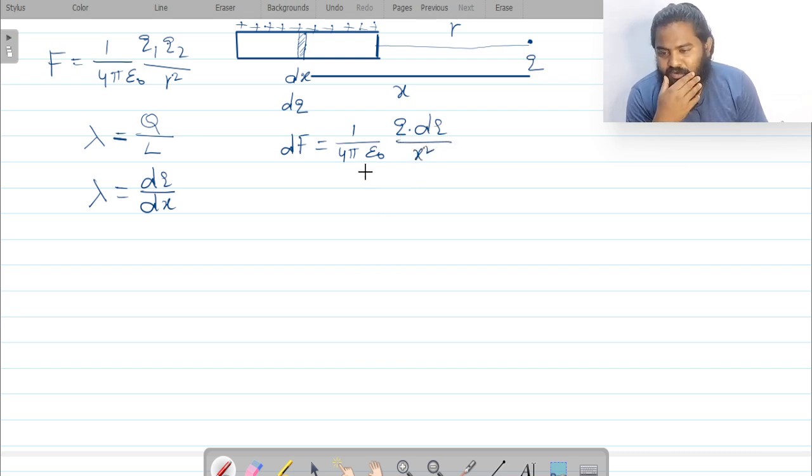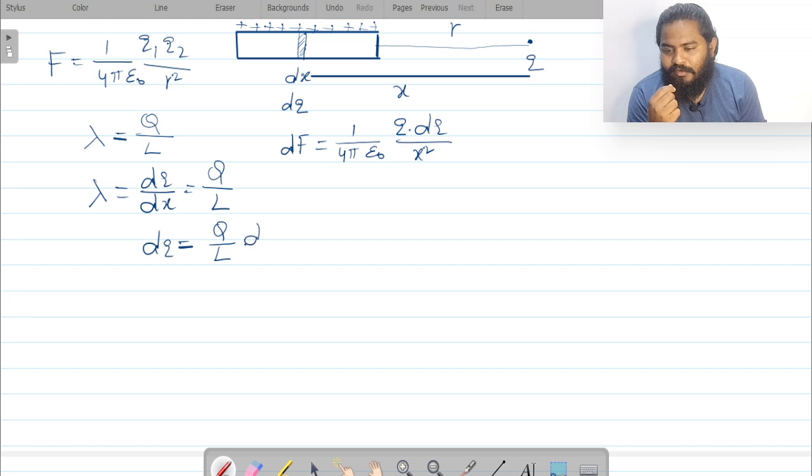Clear? So now I can write lambda as capital Q by L. From this I can take the value of dq, that is equal to Q by L into dx, right?